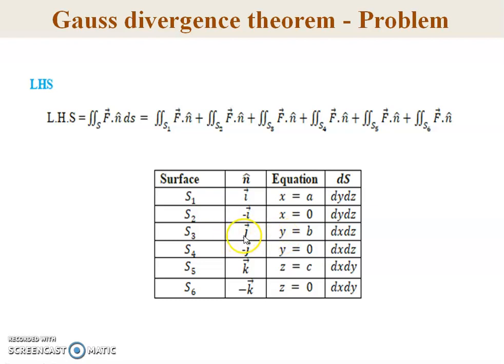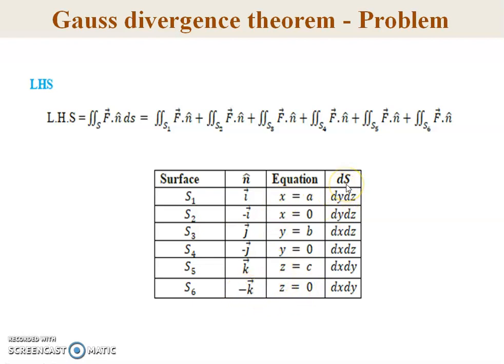Y equal to 0 is also on j direction but lower limit, so minus j vector. Z equal to c is the upper limit, z is on k direction, so plus k vector. Z equal to 0 is the lower limit on k direction, so minus k.